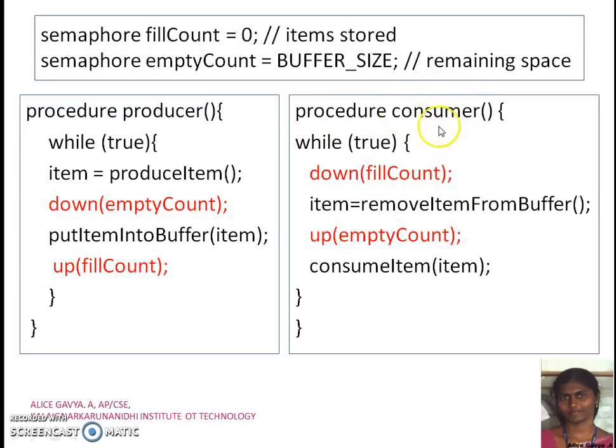When the consumer function gets called, we need to decrement the value of fill count and we need to increment the value of empty count. So empty count is a variable that is used to identify the free slot, and fill count is a variable that is used to identify the number of items currently present in the buffer.